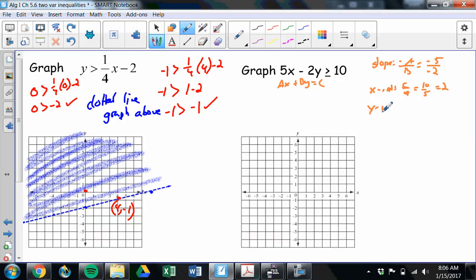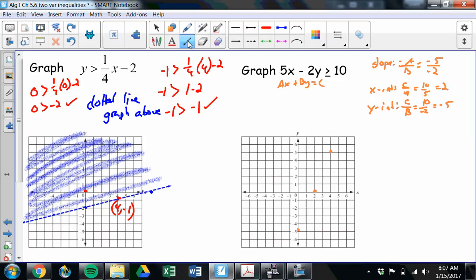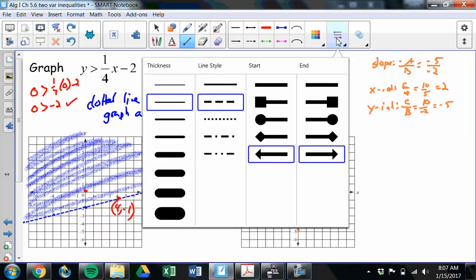The y-intercept is c over b, which is 10 over -2, which is -5. So we're going to have an x-intercept at 2, a y-intercept at -5, go up 5, right 2, up 5, right 2. And then I'm going to graph this. It's going to have a solid line because it's got the equals underneath.